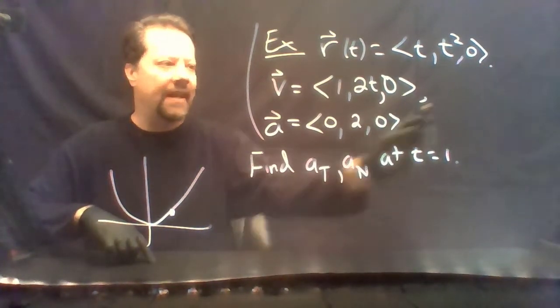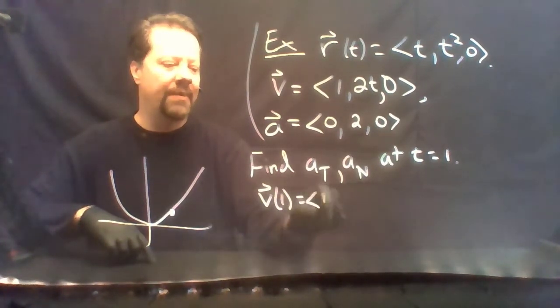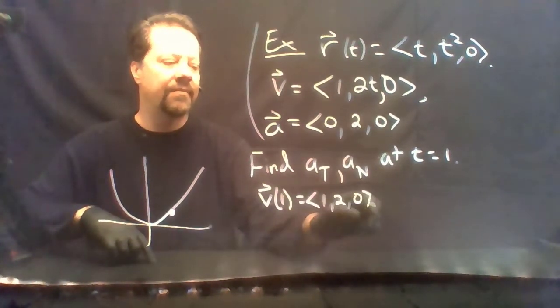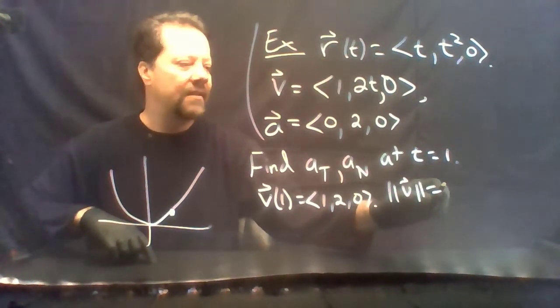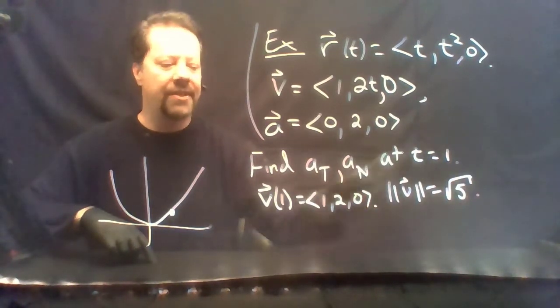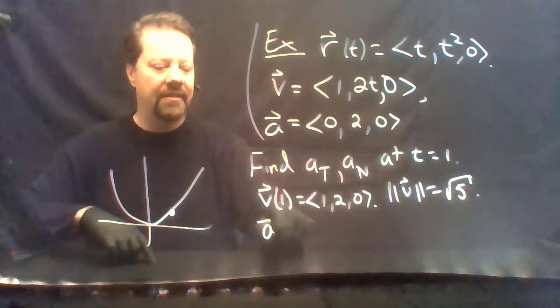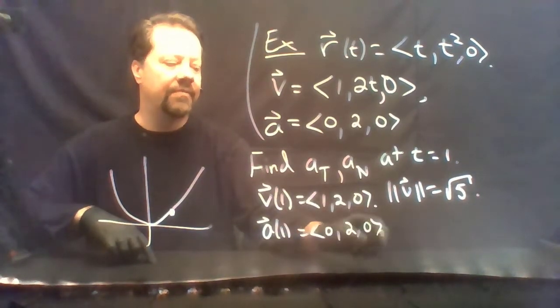Now, to do that, I need to find the velocity at t equals 1, which will be 1, 2, 0. The norm of the velocity is then the square root of 5. The acceleration is constant already. The acceleration at 1 is the same, 0, 2, 0.